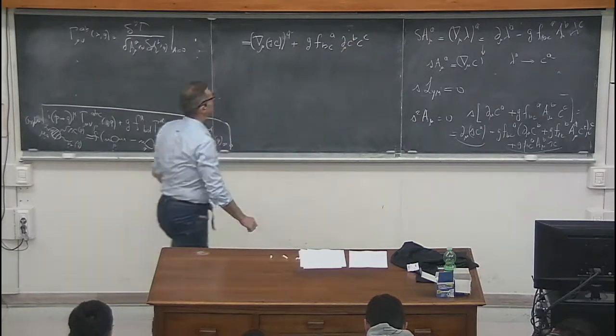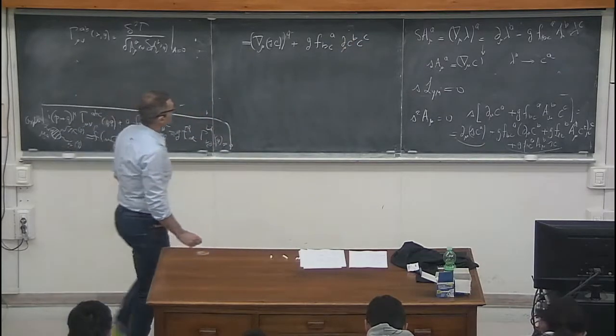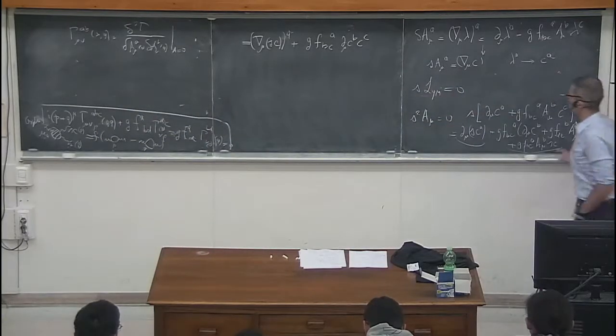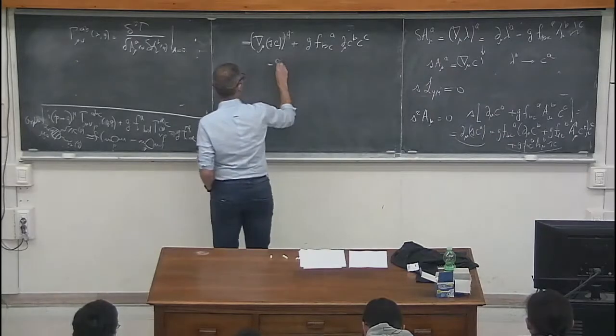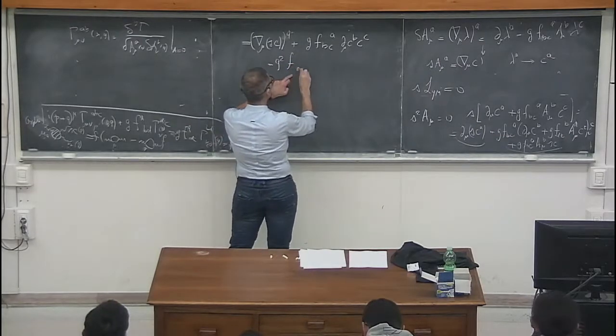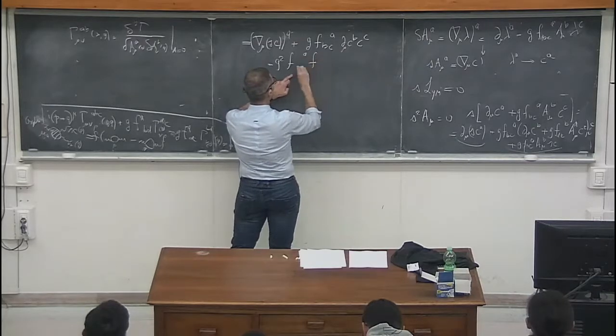This is one piece. And then there is another piece, which is the one with gauge fields, which is g squared f, and then I have two pieces, f^{bca} f^{deb} A C C.